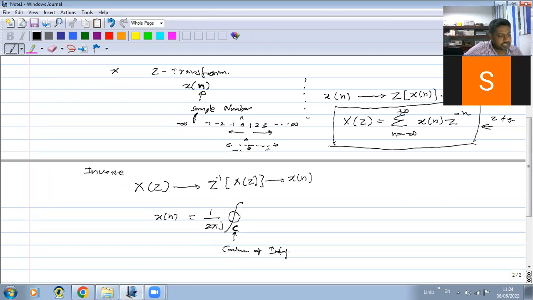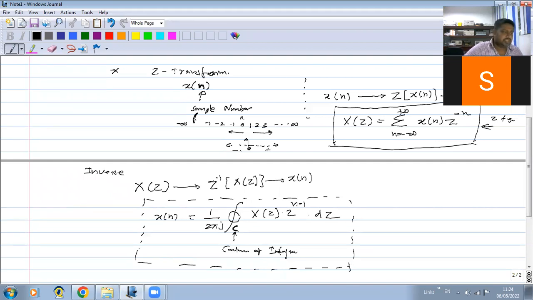We have to do this integration of X(z) z to the power n minus 1 with respect to dz. So this is the inverse transformation formula.